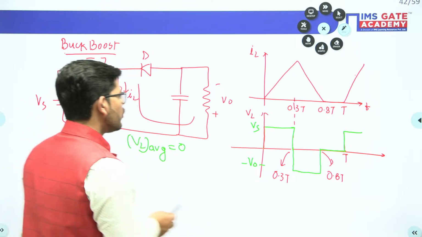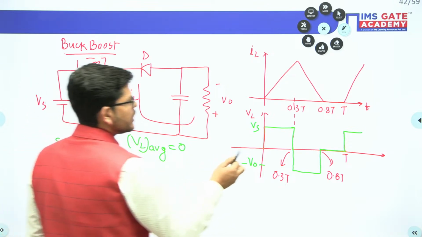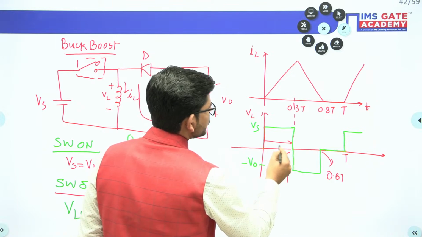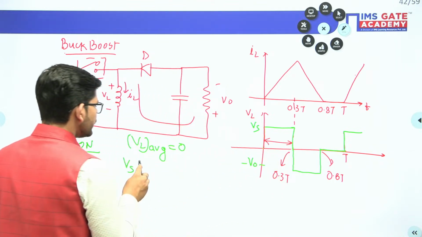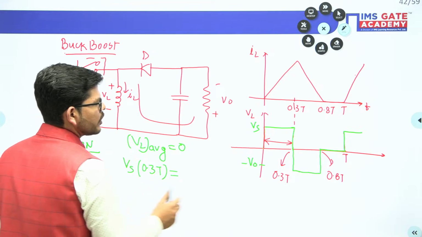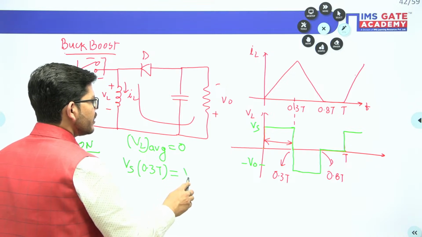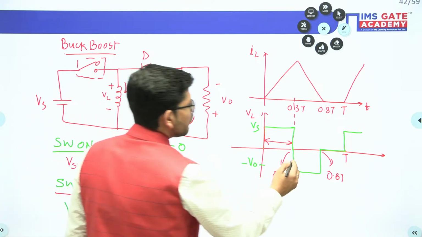So if you apply the volt-time balance, what will you get? Vs into this particular duration, 0.3T, is equal to this area. This area will be V naught times this duration.